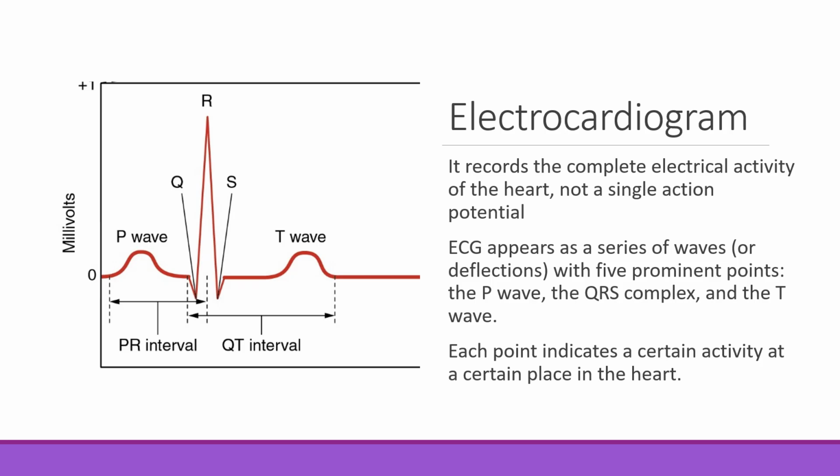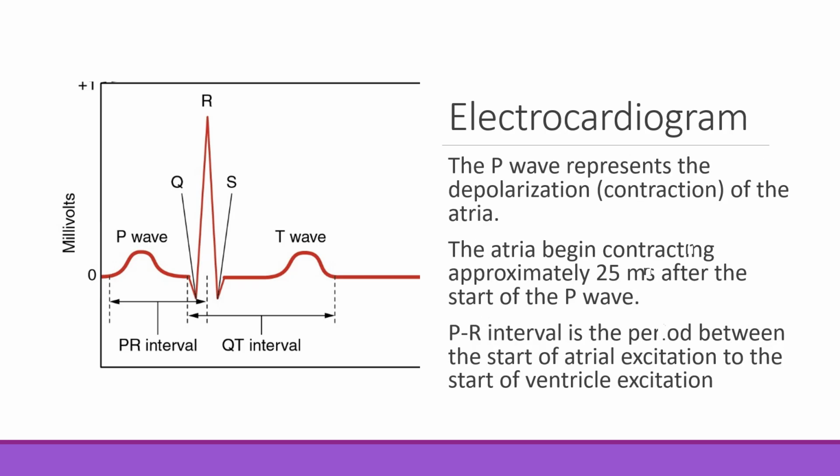An ECG appears as a series of waves, or deflections is another term for that, with 5 prominent points: the P wave, the QRS complex, and the T wave. Each point indicates a certain activity at a certain place in the heart. The P wave, which is the first little bump that you see over there, represents the depolarization of the atria.